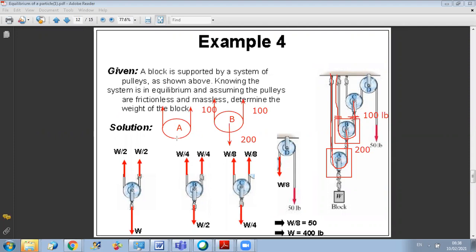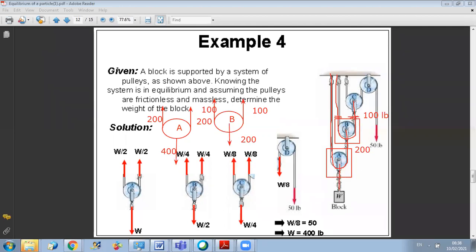So this is 200 and 200, and the downward force will be equal to 400. Then the force in this cable here, in the final cable, is 400.